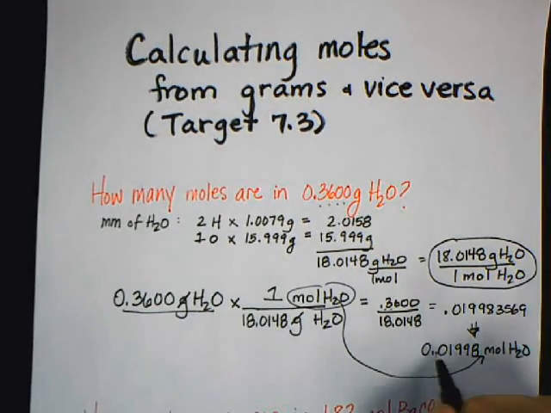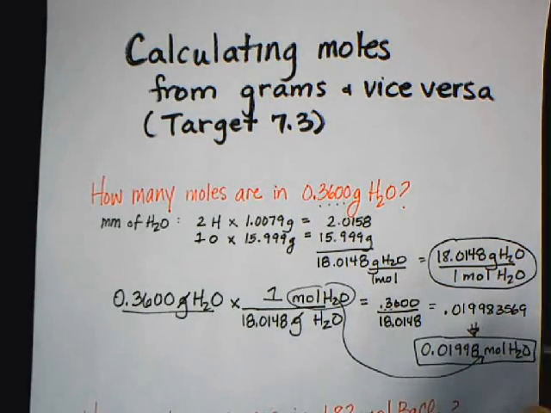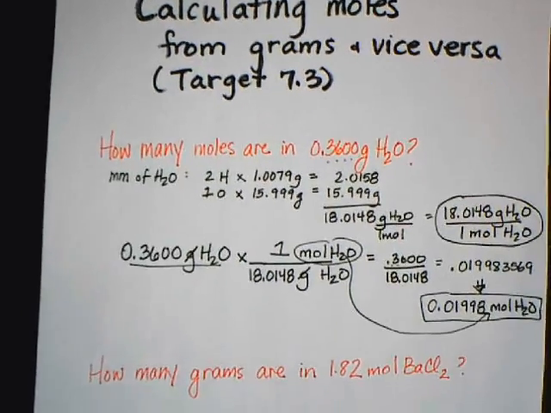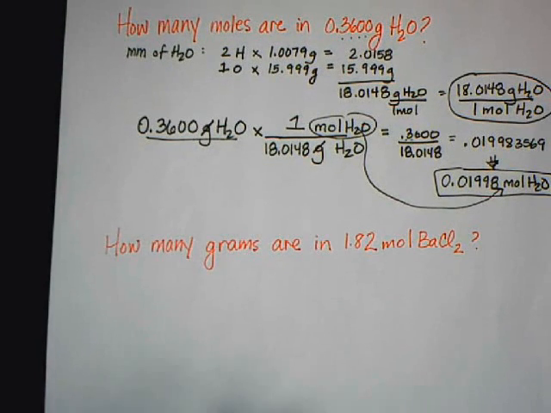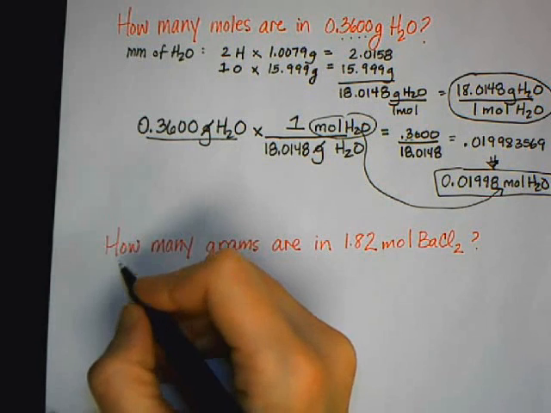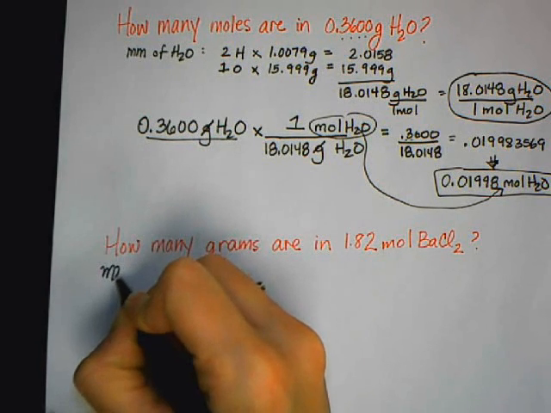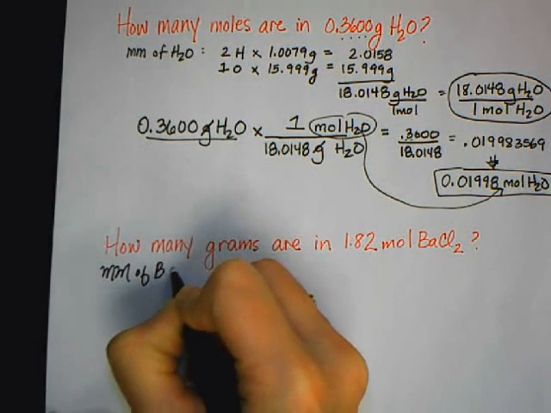Okay. The next question we're going to do is how many grams are in 1.82 moles of barium chloride. So, like we did with the other problem, we're going to start by calculating the molar mass of barium chloride. I'm going to write it down the way I would put it in my calculator.